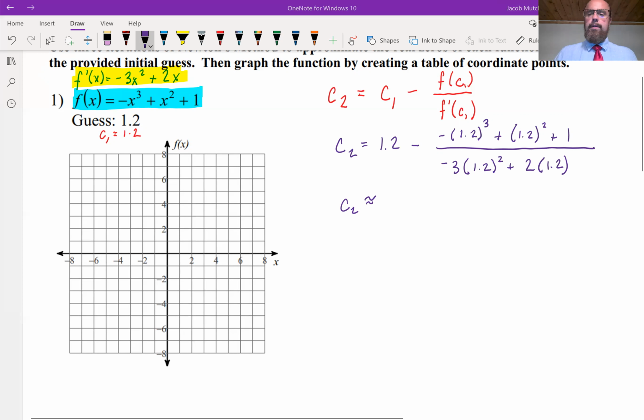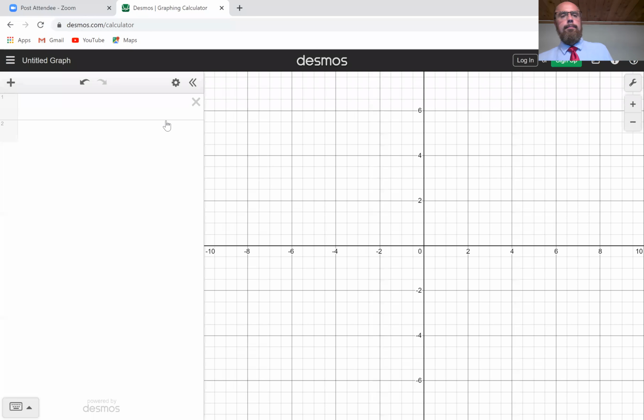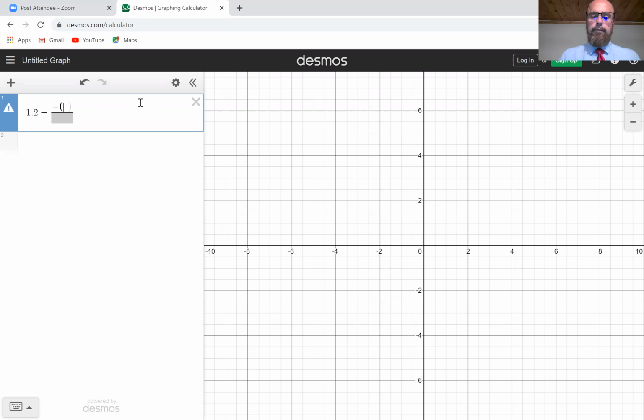All I need to do is input this and get a decimal approximation. So we'll just type the way we wrote it: 1.2 minus, in the numerator, negative 1.2 cubed plus 1.2 squared plus 1, over negative 3 times 1.2 squared plus 2 times 1.2.